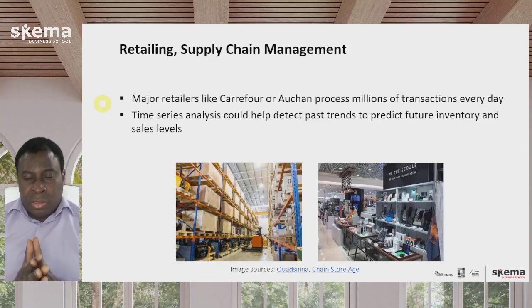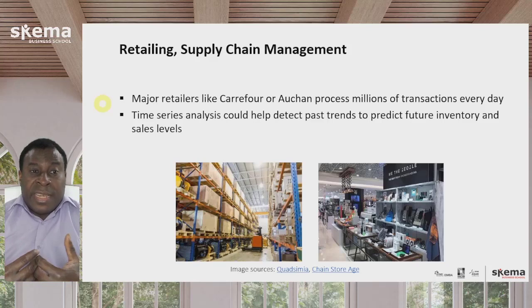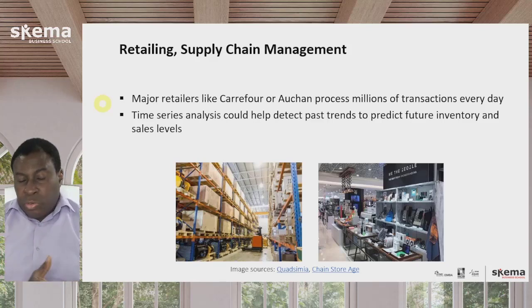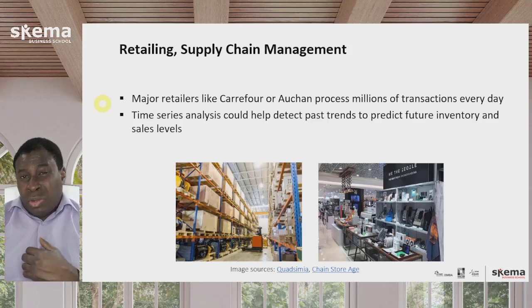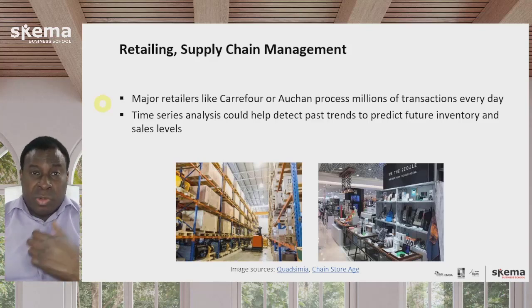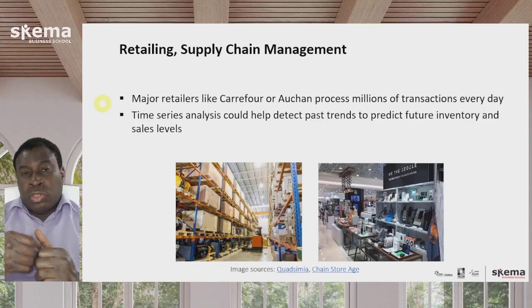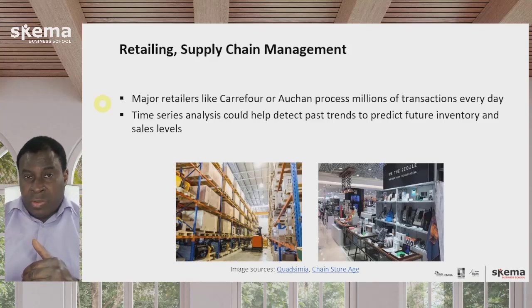And these retailers would also like to know how much sales they can expect to have. Day by day, they know the number of sales, but they would also like to know the amount of sales, both in number of products and also in euro amounts of what they actually sell.